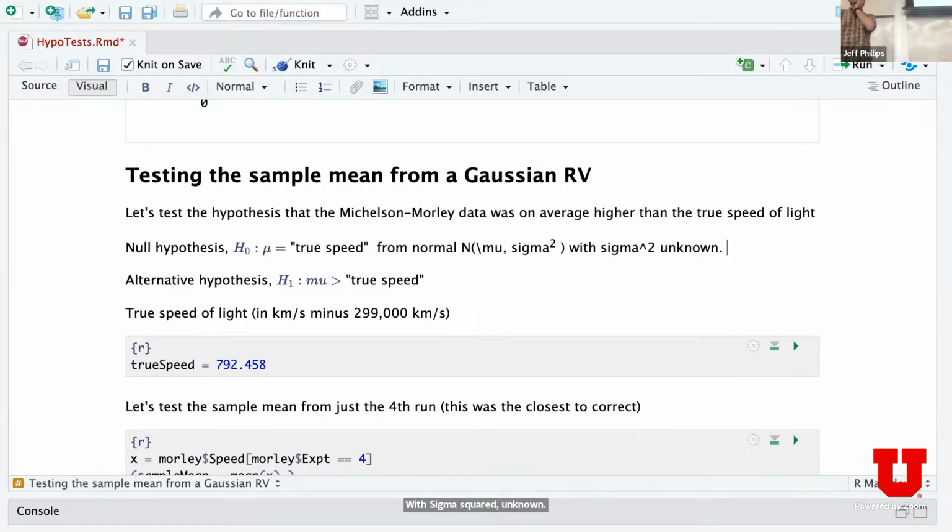So we're assuming it's from a normal distribution with the true speed of light as the center and the variance unknown. This implies that it's unbiased, but we don't know how noisy it is. We estimate how noisy it is by calculating the sample standard deviation.